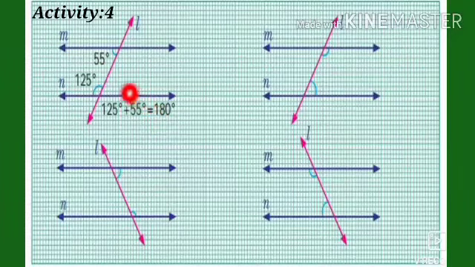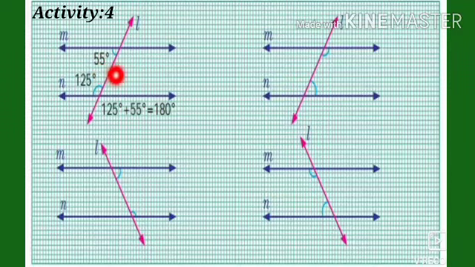So measure the remaining 3 pairs of angles and check. Now we are going to measure the remaining 3 pairs of angles. Here by using linear pair of angles, when we take this angle as x degree, then since they are linear pair of angles, their sum is 180 degree.